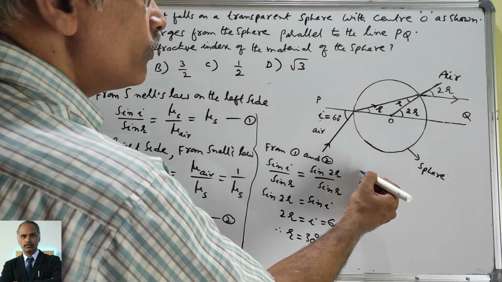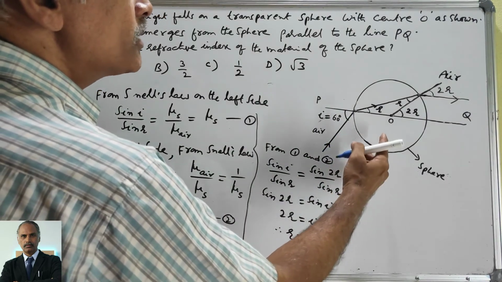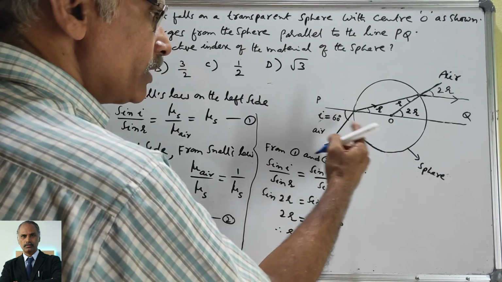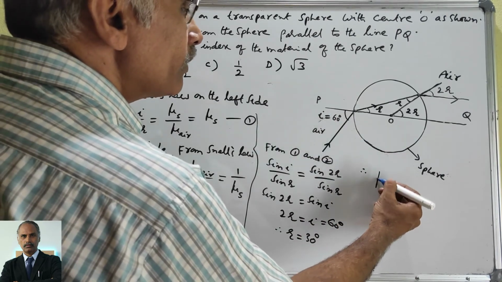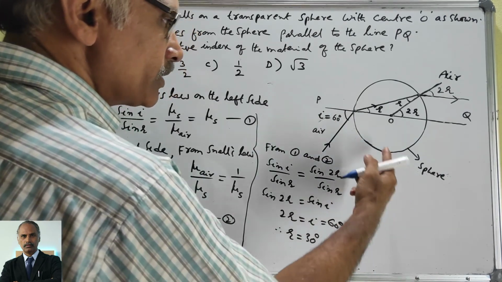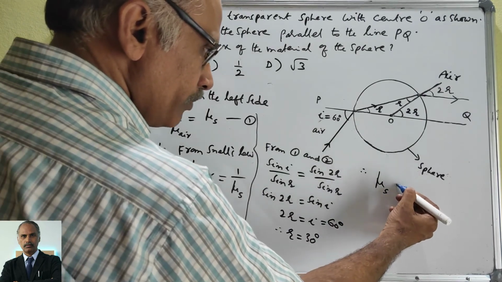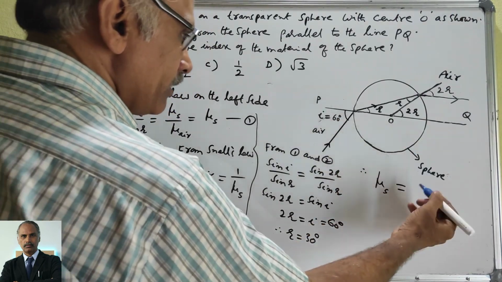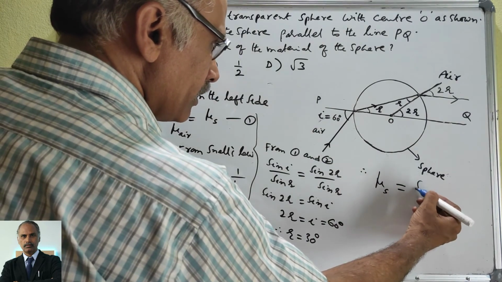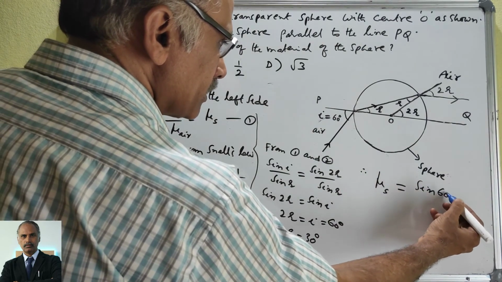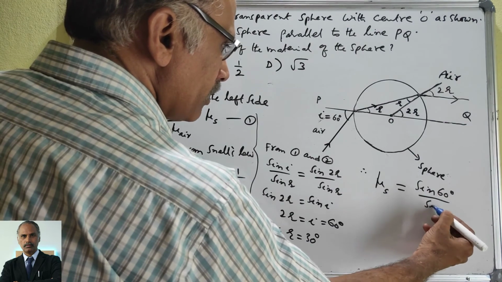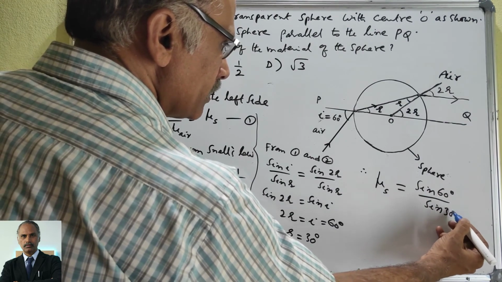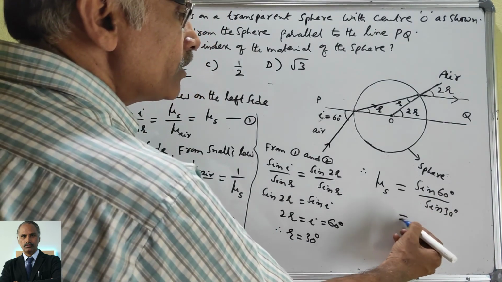Therefore the refractive index of the material of the sphere, mu s, is equal to sin I by sin R, which is sin 60 by sin 30.